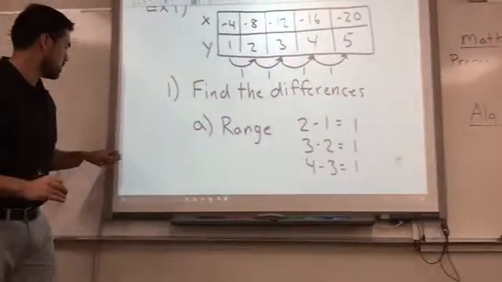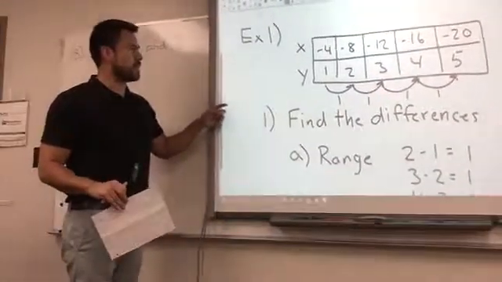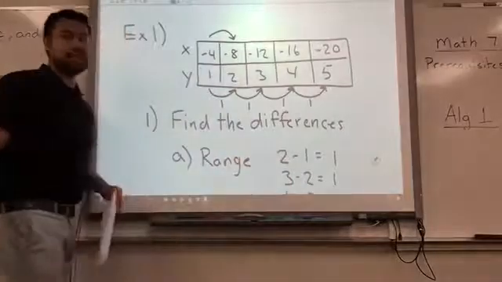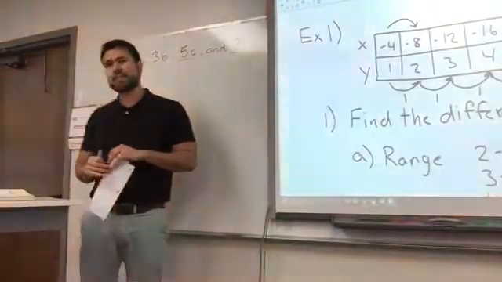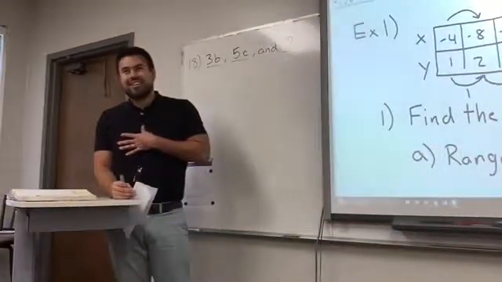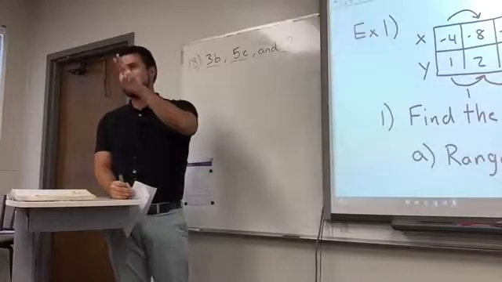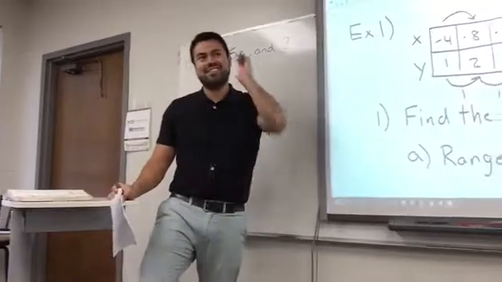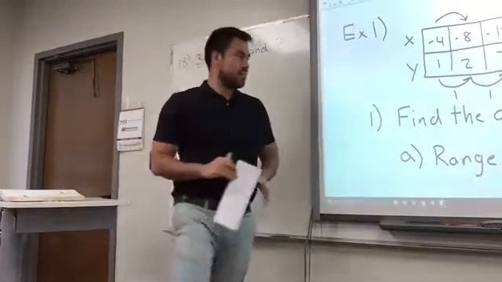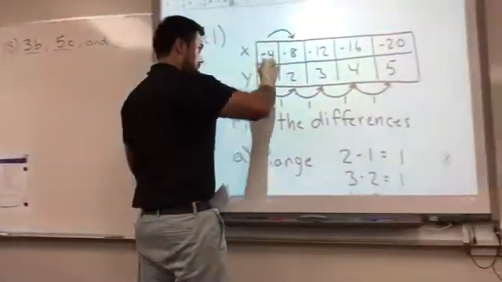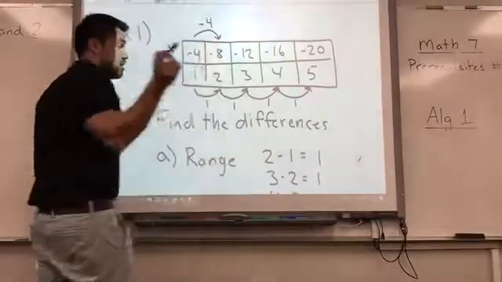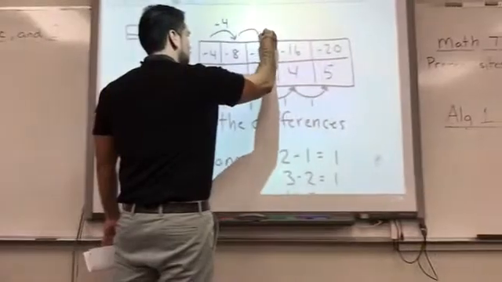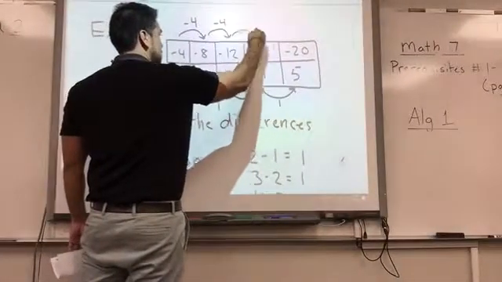Okay, positive 1. Okay, somebody else tell me, what's the difference, and this is a tough one, with the domain values, the x coordinates. And there are two ways to say it, but one's actually correct, one's almost correct. Jenna? Okay, actually you said it well. You subtract 4 or you add negative 4 to get to the next one.